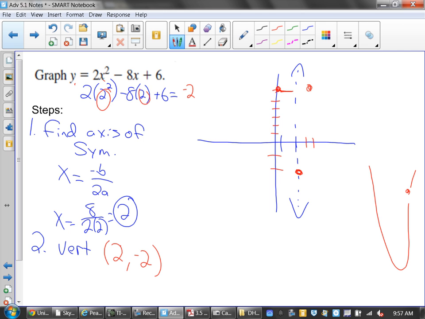I'm looking for what's called the symmetric twin. So our ordered pairs: I've got my vertex at 2, negative 2. One ordered pair was at 0 and 6, and the symmetric twin was at 4 and 6. That's what I'm looking at doing.